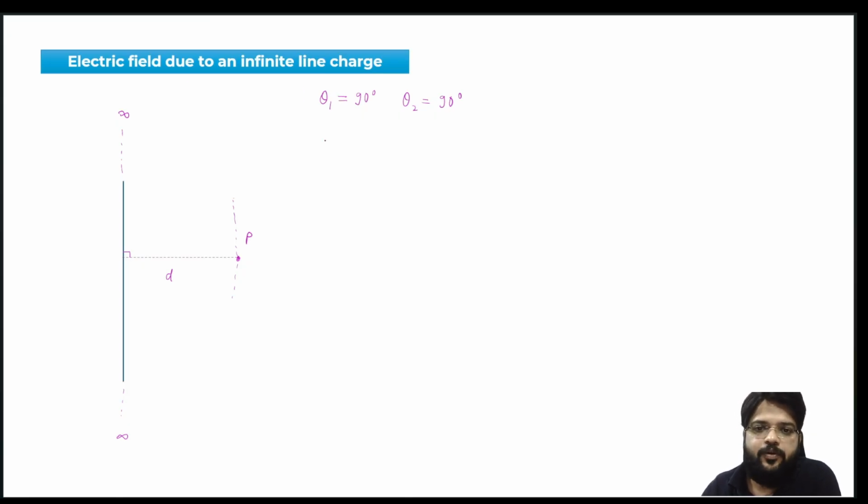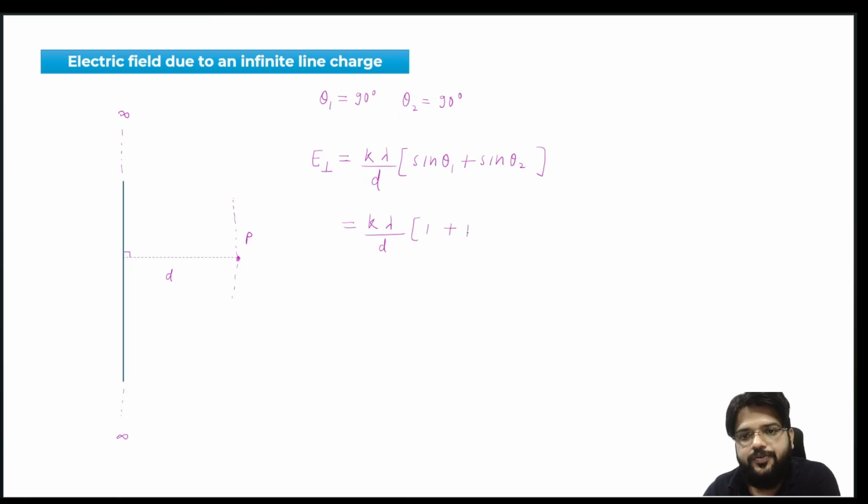We are looking for E perpendicular, E parallel, the net electric field, and the direction of the net electric field. First of all I am writing E perpendicular. The formula of E perpendicular is K lambda by d times sin theta 1 plus sin theta 2, correct? Theta 1 is 90 degree, theta 2 is 90 degree, and we know that sin 90 is 1, everyone. So 1 plus 1 is 2, and we are getting 2 K lambda by d.